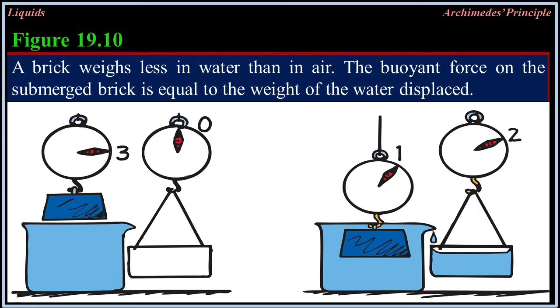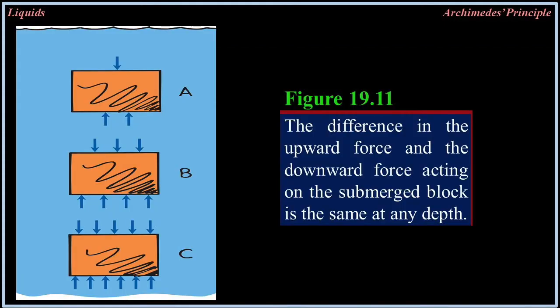Figure 19.10: a brick weighs less in water than in air. The buoyant force on the submerged brick is equal to the weight of water displaced. Because although there is more pressure at greater depths, the difference in pressure on the bottom and top of the block is the same at any depth, as shown in figure 19.11.